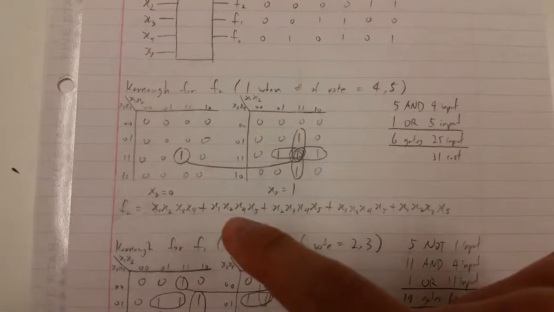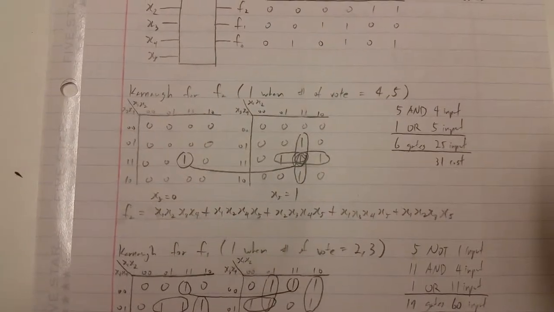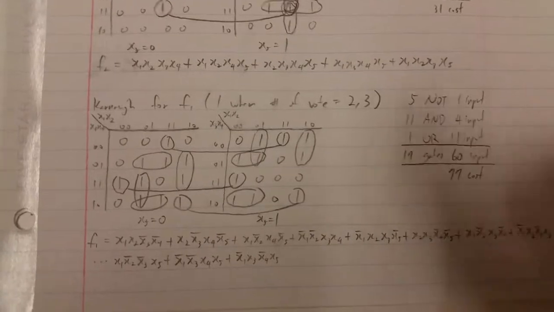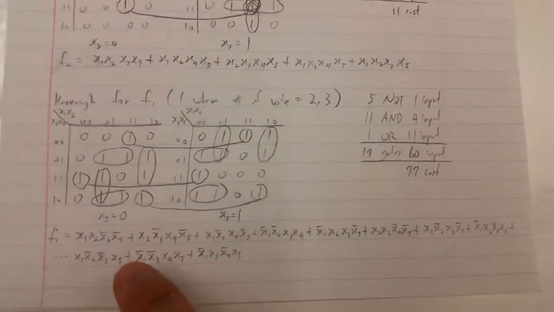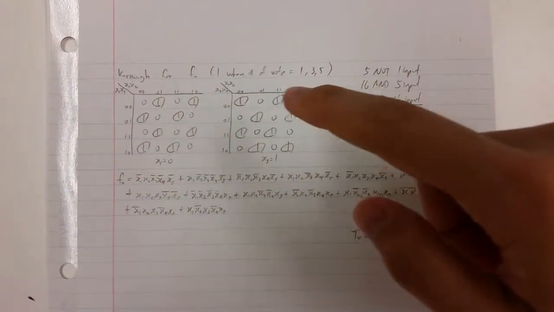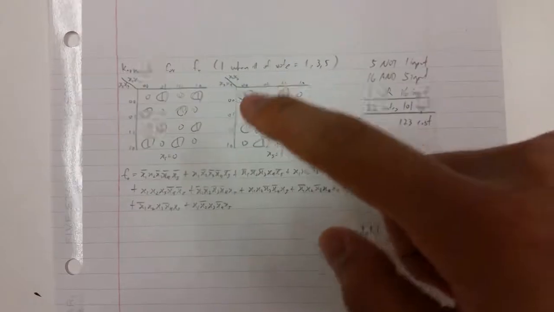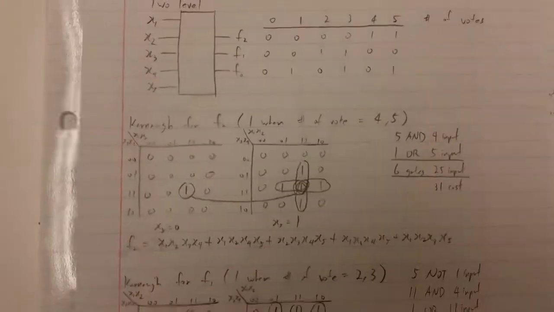SLP form using the kernel map above. As for f1, I did the same, and then I was able to obtain the simplest SLP form below. For f0, I did the same, 1, 3, 5, and created a kernel map and got the simplest SLP form. And I calculated the cost of each step.